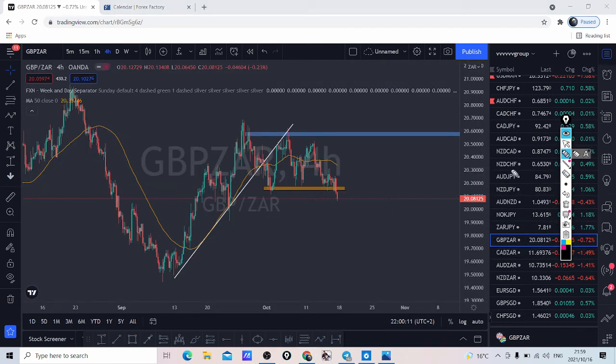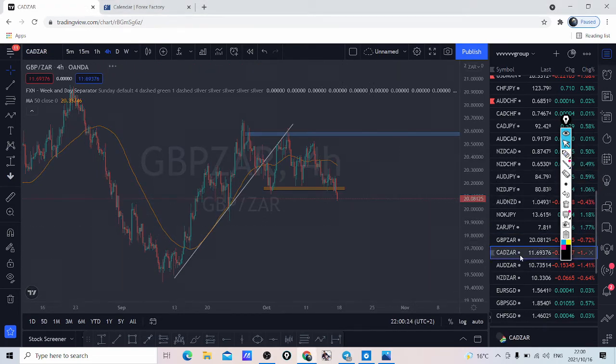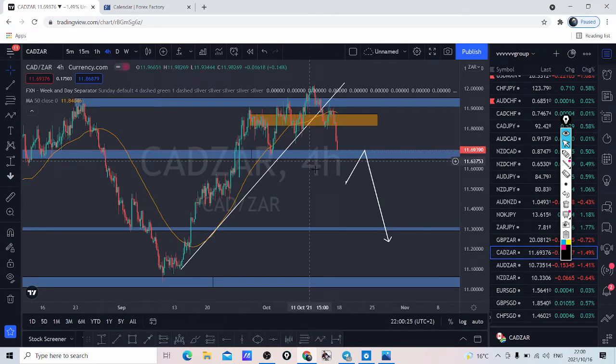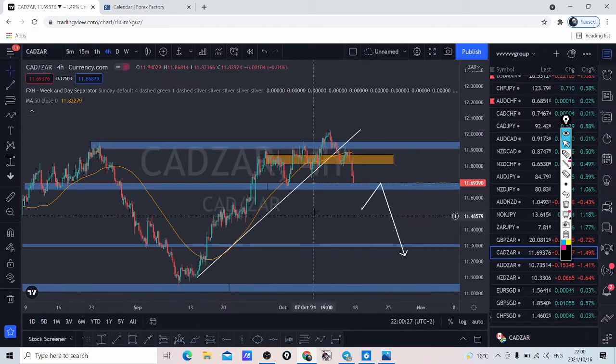GBP ZAR, we are going to be looking for a short. As I was saying, guys, the ZAR is bullish, so I'll be looking for a short there. Break, retest, sell. This one also, Canadian dollar versus the ZAR. I'll be looking for a sell once we see a breakout, and once we see the Canadian dollar pushing back to the neutral group, because now the CAD is overbought.